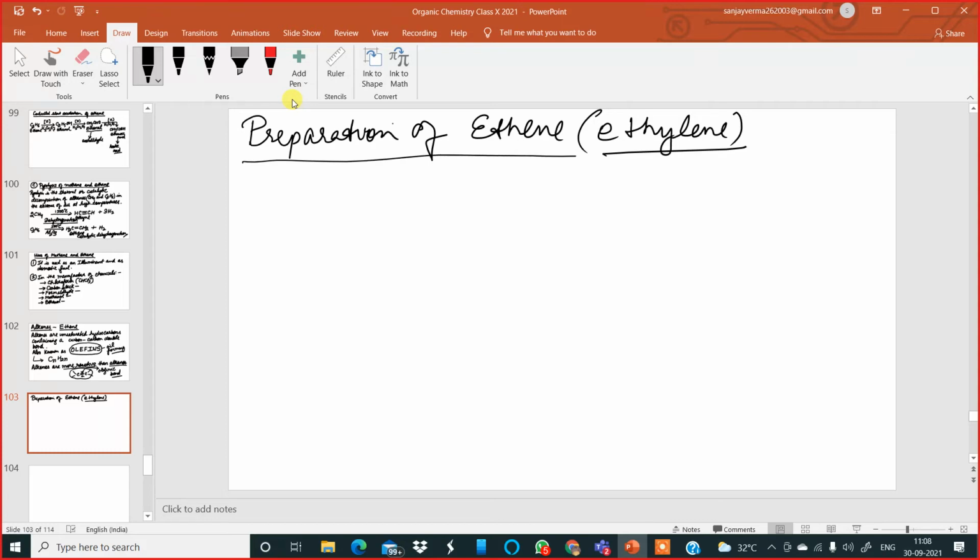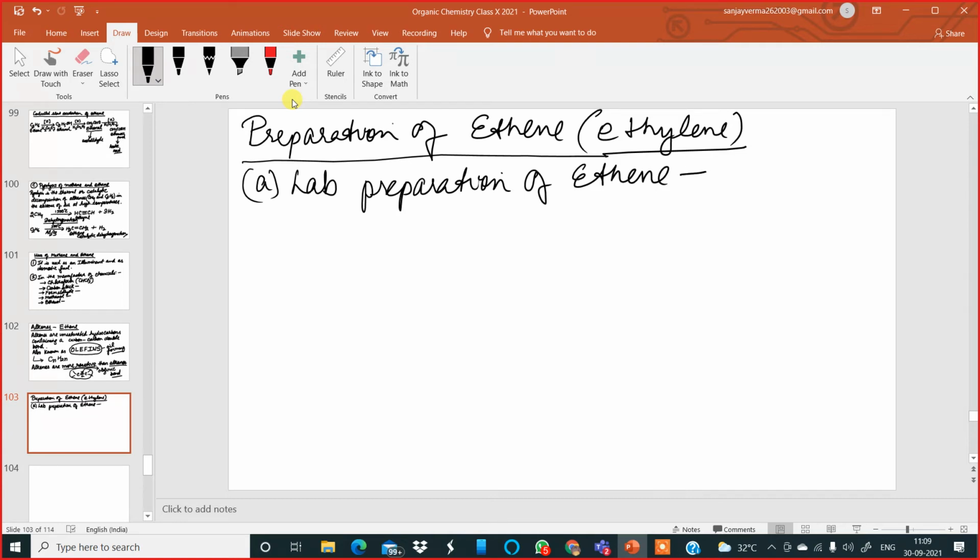Now in the laboratory we can prepare ethene by the dehydration of ethyl alcohol. So the first one, number A, lab preparation of ethene.